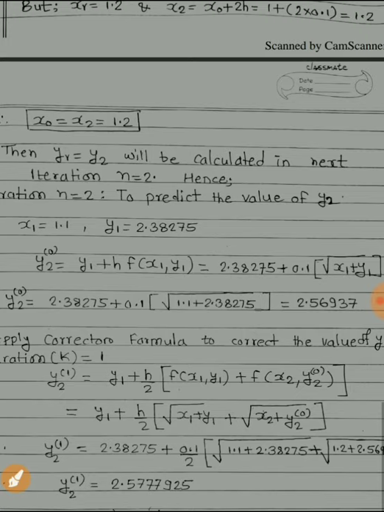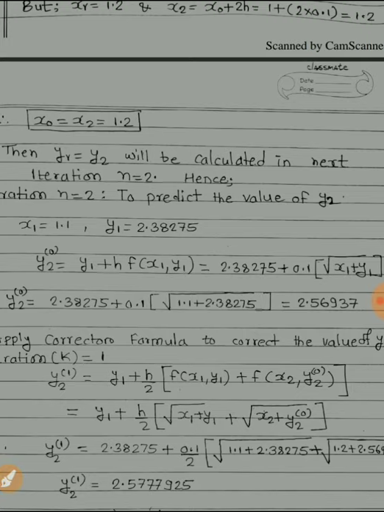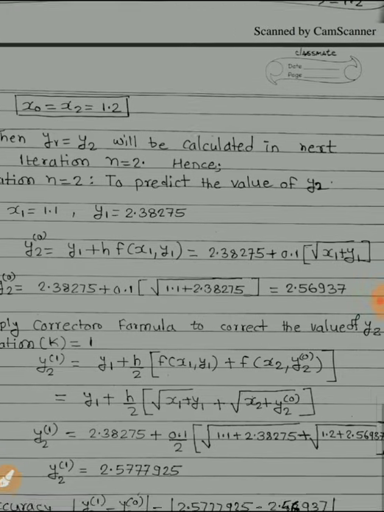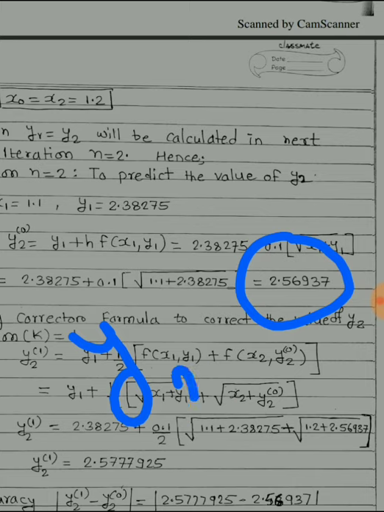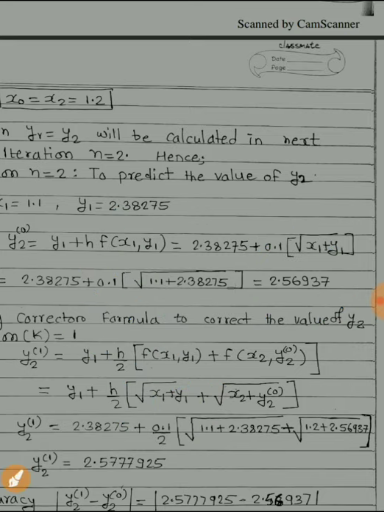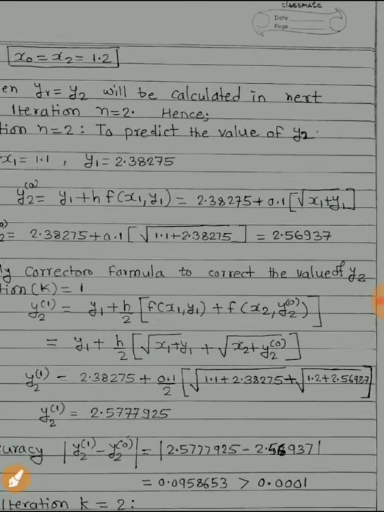Moving further, if we calculate this value after putting in everything, we get y2 equal to 2.56937. Now this is the value of y2 without any correction, raised to power 0 I have written here. So I need to check whether this is correct or not.